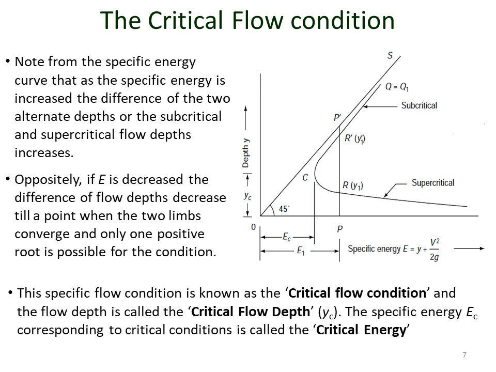If we keep on shifting the ordinate PP prime to the left, we will arrive at a condition at which the line PP prime becomes tangent to the cubic parabola curve. For that condition, two alternate depths are not possible.